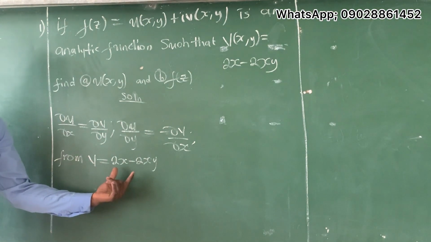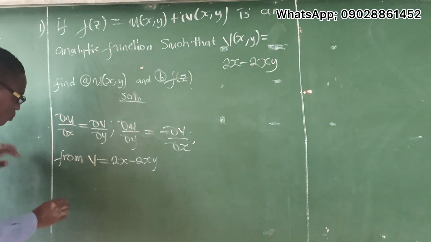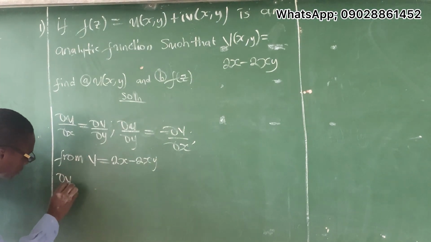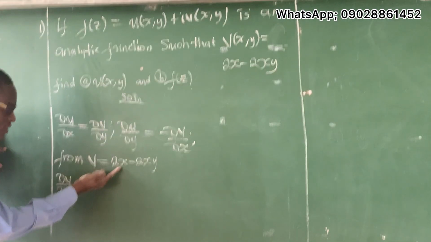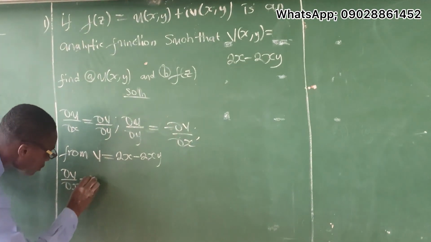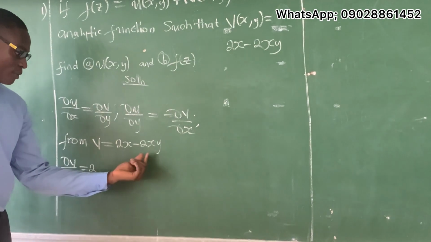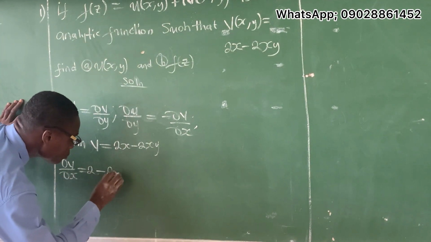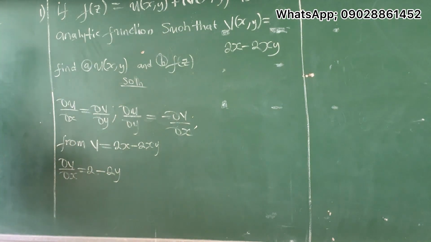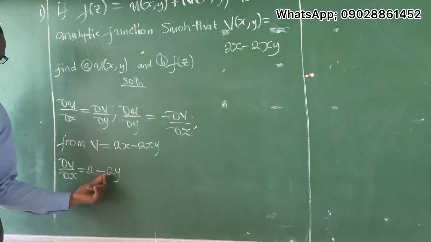differentiating v with respect to x, you are going to have partial v partial x, and this is equal to, if you differentiate 2x here, you are going to have 2. If you differentiate 2xy here, you are going to have minus 2y. So it means that the partial derivative of v with respect to x is equal to 2 minus 2y.